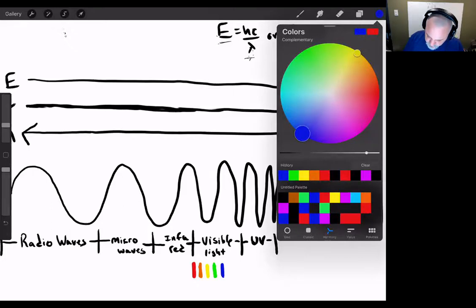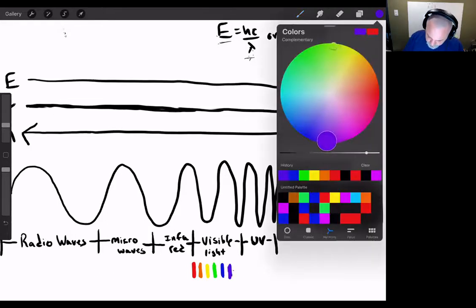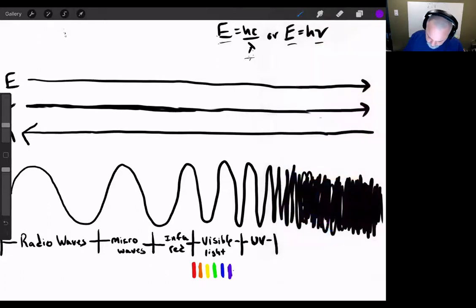Oh, this one's going to be hard, right? Indigo, and violet.